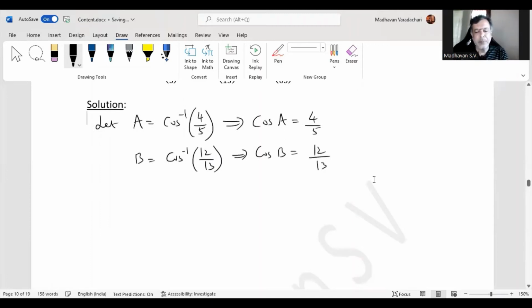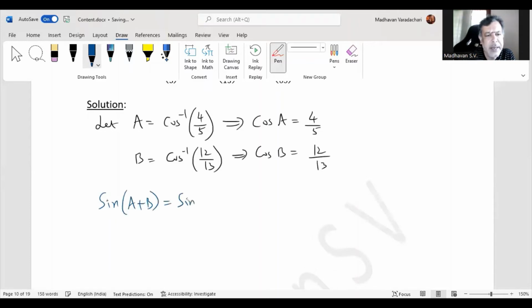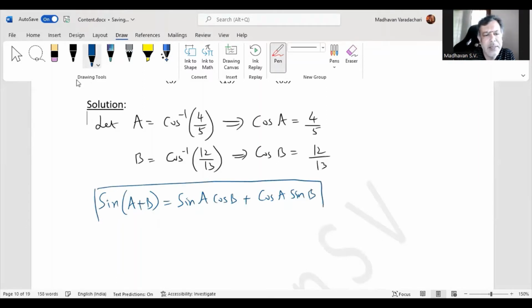Now, we need to use a trigonometric identity, which is sine of, because the right-hand side involves sine inverse. So I will be using sine of A plus B's trigonometric identity, which is sine A cos B plus cos A sine B. So if we use that, we require actually sine A, sine B values also.